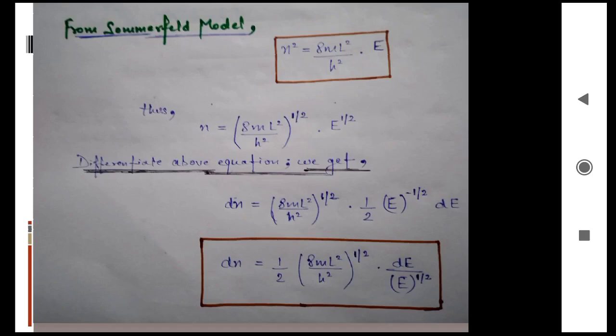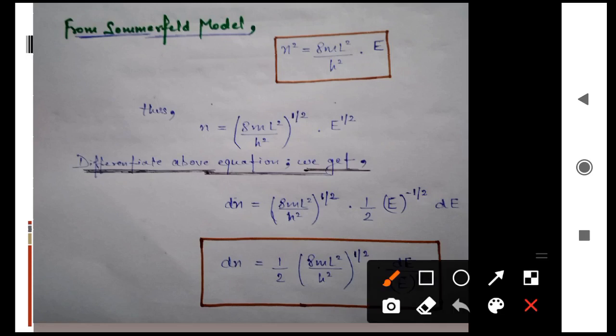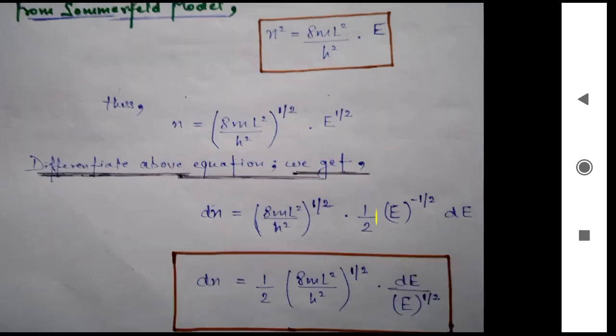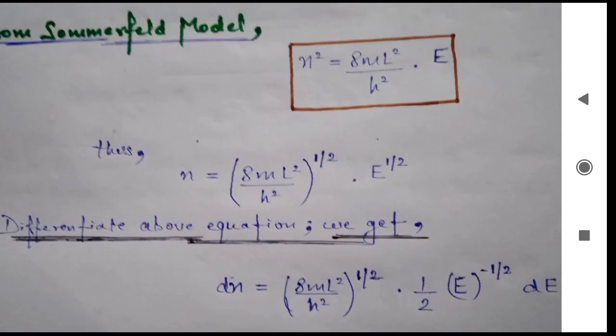Now from the Sommerfeld model, or you can say the one-dimensional box quantum free electron theory, we know that E is equal to n square h square by 8 m L square. So we get n square is equal to 8 m L square by h square into E. What is the value of n? I just rearrange this. n is equal to (8 m L square by h square) raised to the power 1 by 2 into E to the power 1 by 2.